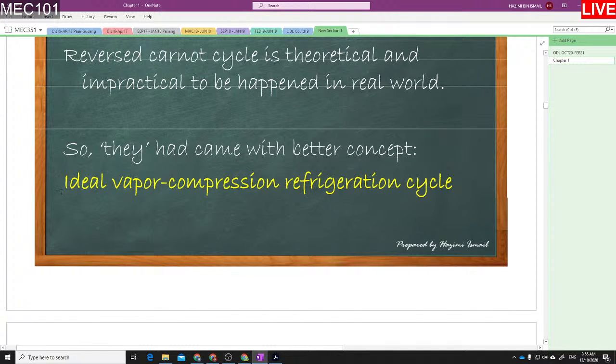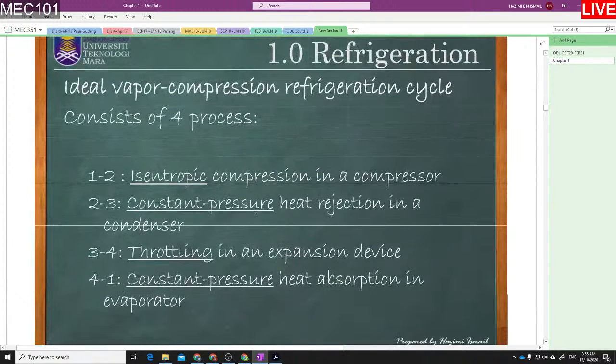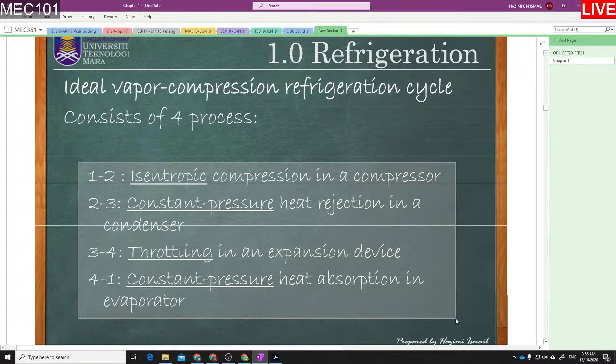We put the term ideal in front if there are no errors and uncertainties in the system. Ideal vapor compression refrigeration cycle, quite a long name. Don't worry, because names mean nothing. What you have to know is the principle inside it.